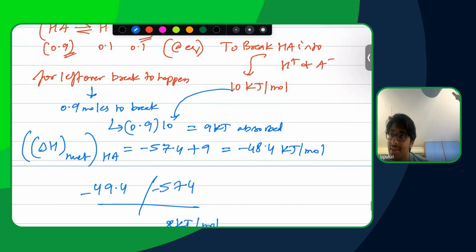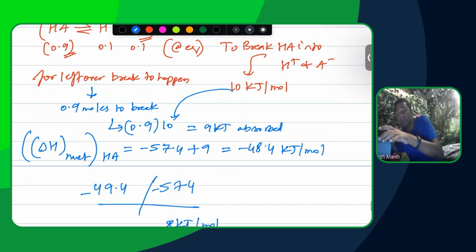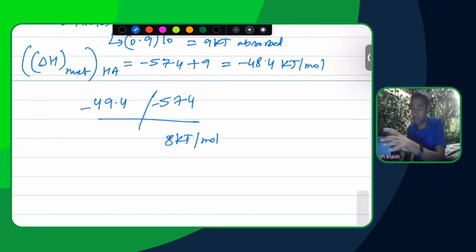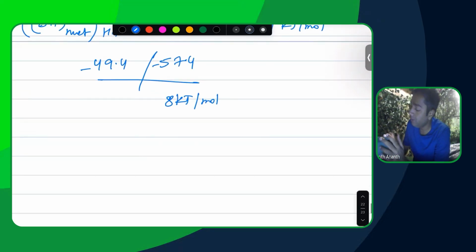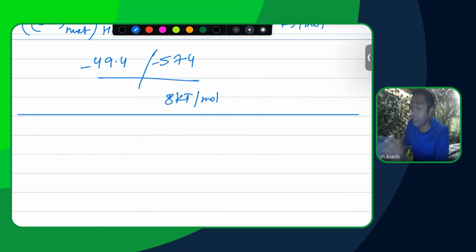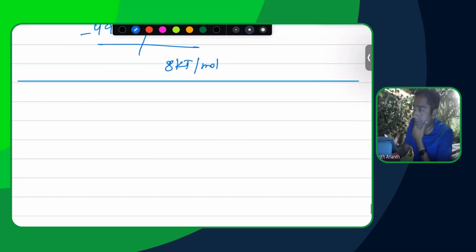Now, you've learned a little bit of organic also. Correct. So this is the connection between ionic and thermo. Now there are other connections also. Let's say I'm going to be looking at a carbon double bond carbon.